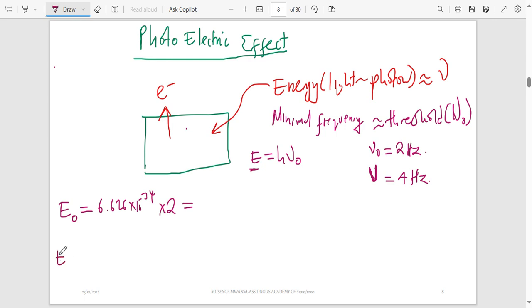And then, because we're projecting 4 joules of energy, the actual energy is 6.626 times 10 to the power negative 34, now multiplied by 4. Let me get 6.626 times 10 raised to the power negative 34. Then we are multiplying this.